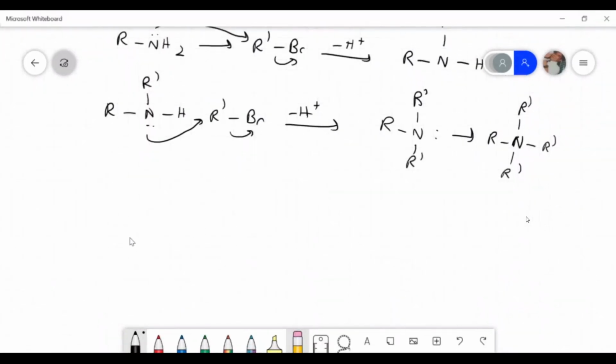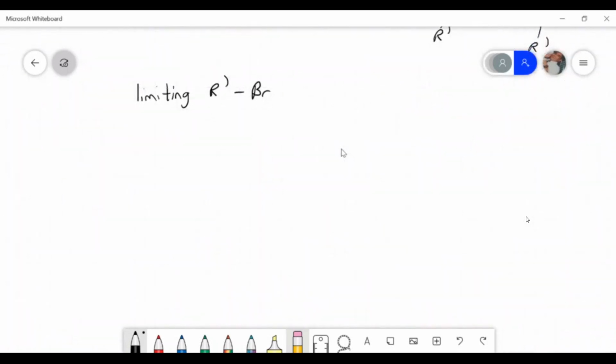But if I were to change the concentrations and say that I have limiting R prime Br instead, the story is completely different. So instead of getting multiple substitutions like we did just now, what's going to happen is that you're just going to do one substitution and form your secondary ammonium salt.